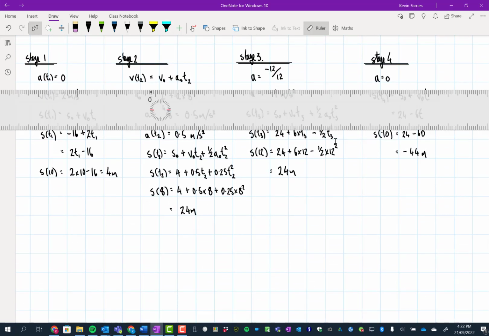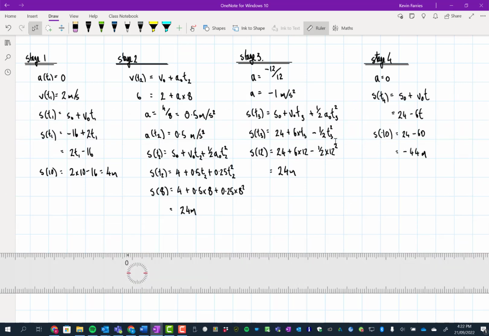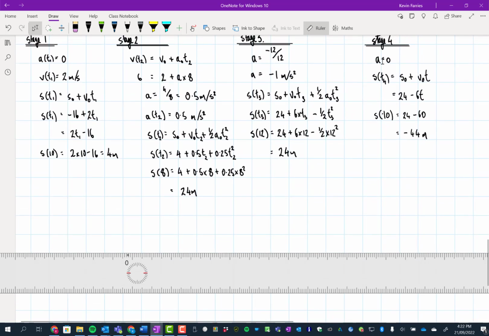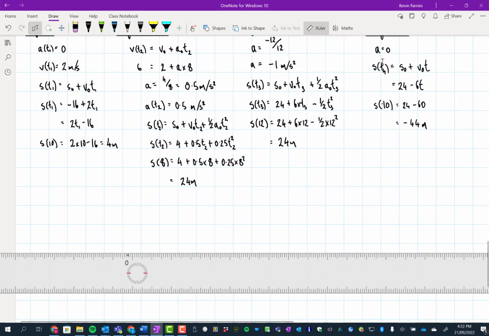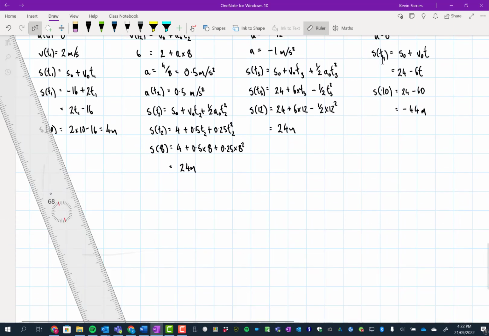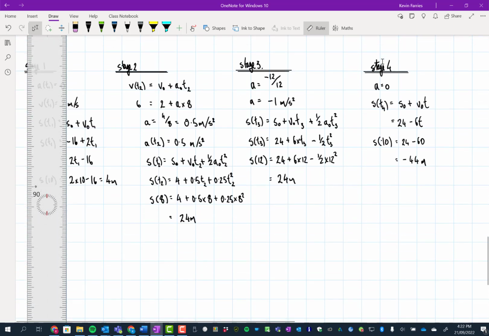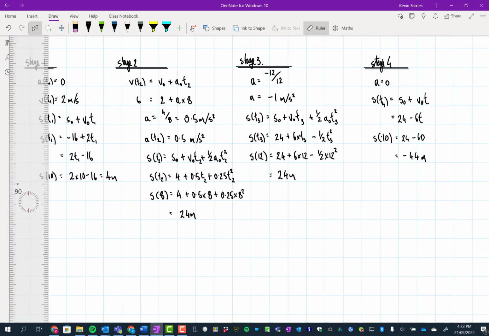The acceleration one will be easier, so let's do that first. What we've got is acceleration is 0, then acceleration is 0.5, and then acceleration is going to be -1, and then it's back to 0 again. So the largest we've got there was 0.5 and -1. Let me try and line these up so that if we zoom out it makes sense.